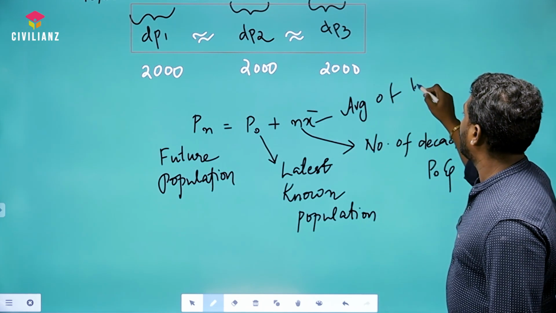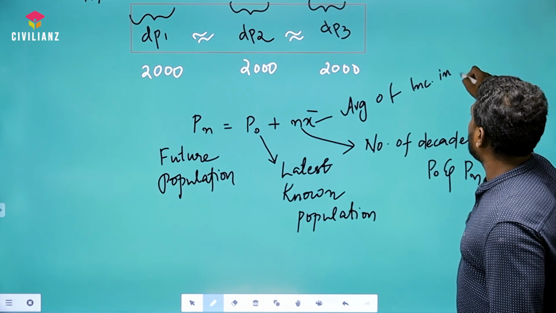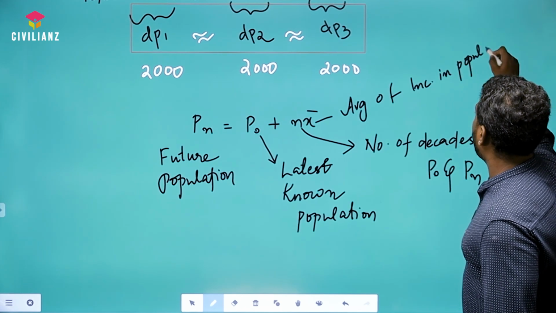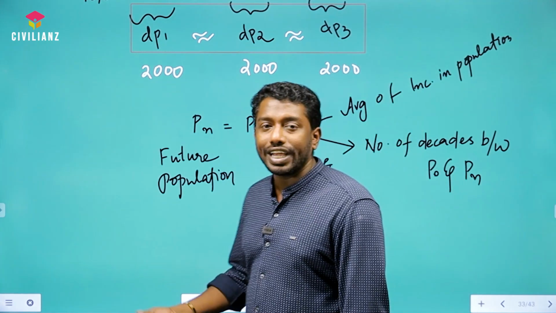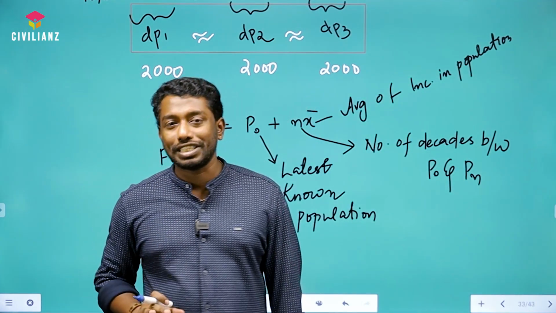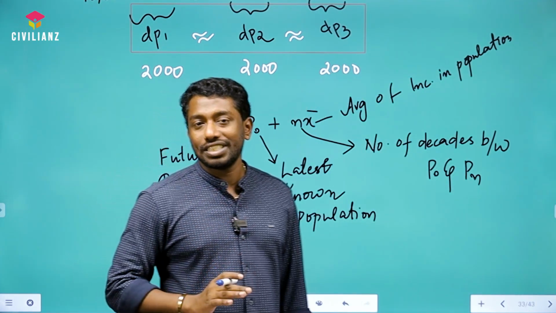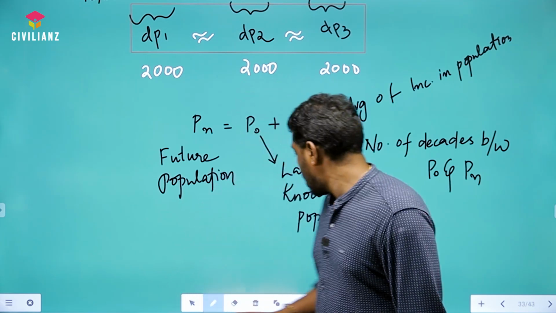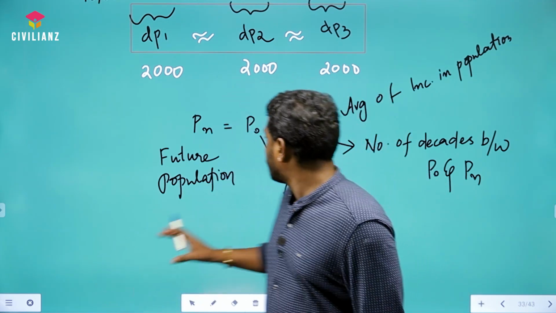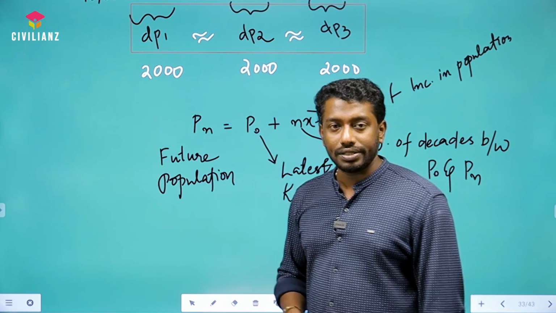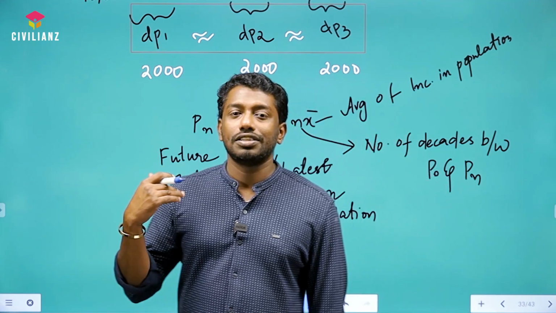Average of increase in population. And that's how we calculate future population using the arithmetic increase method. Okay, let's do an example. Let's do a problem with this equation, and then you will be thorough with this topic.